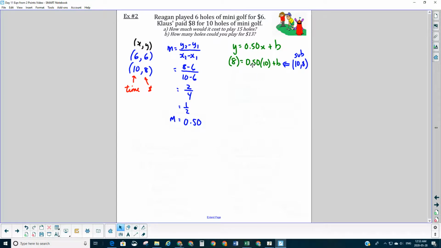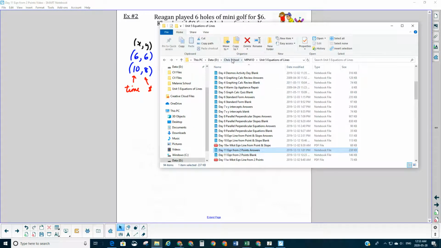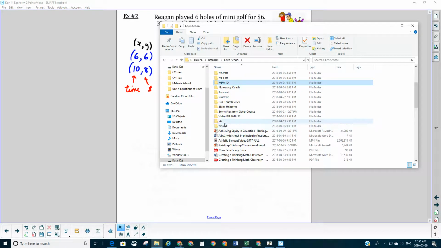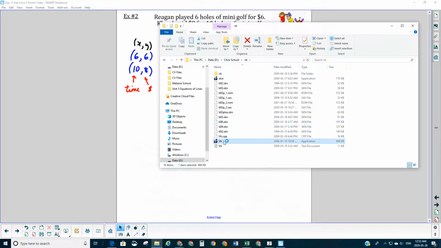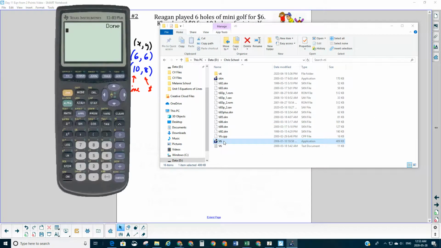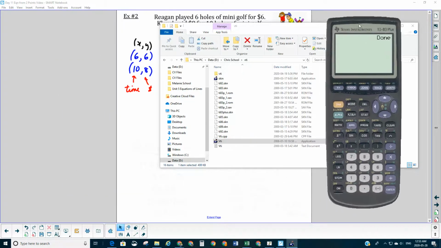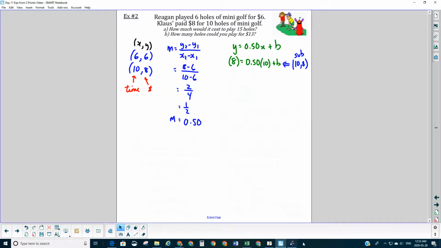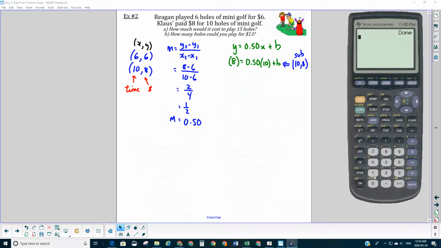Let's do the math then. 0.5 times 10. You know what? I think I'm going to get my calculator out for this one, just to confirm. 0.5 times 10, well, 50 cents, and we're playing 10 times. That should be okay. That is $5, I think. But let's just confirm. 0.50 times 10 is $5. Good.